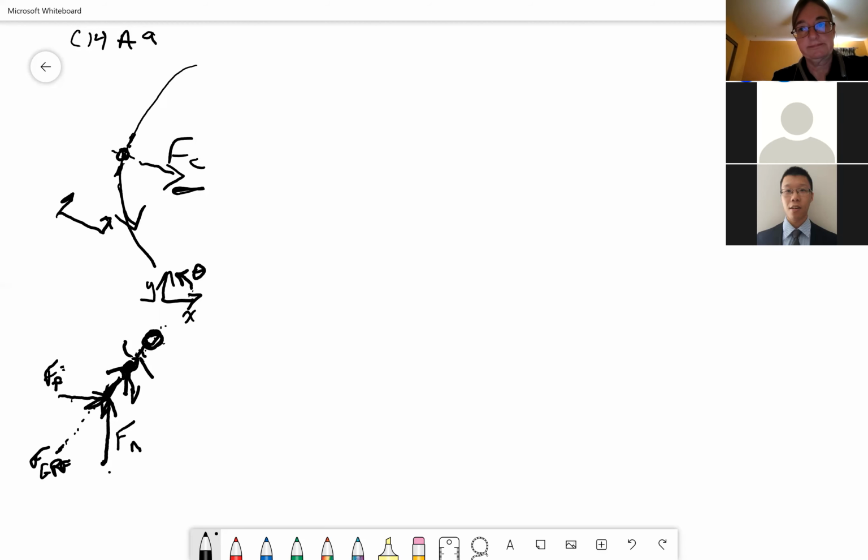Now, this part is all to do with the friction. So when I'm on flat ground, all of this centripetal force comes from friction.